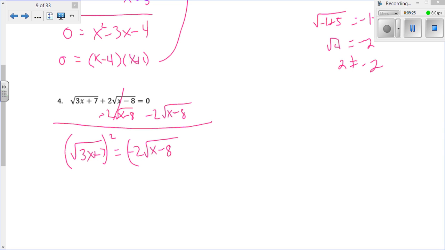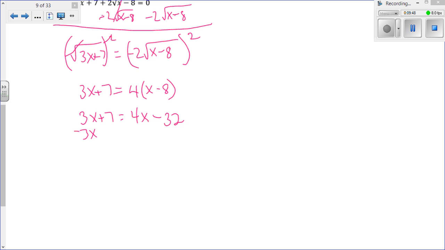Square both sides. Here the square roots cancel out, so I have 3x plus 7 equals negative 2 squared is 4 times x minus 8. So 3x plus 7 equals 4x minus 32.